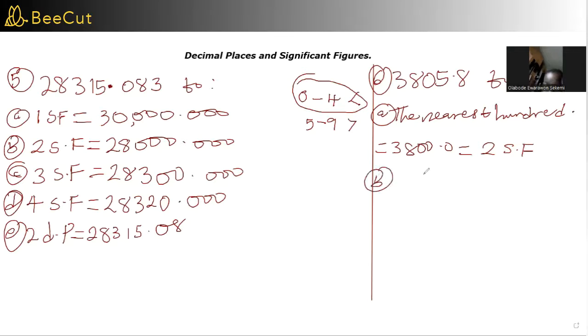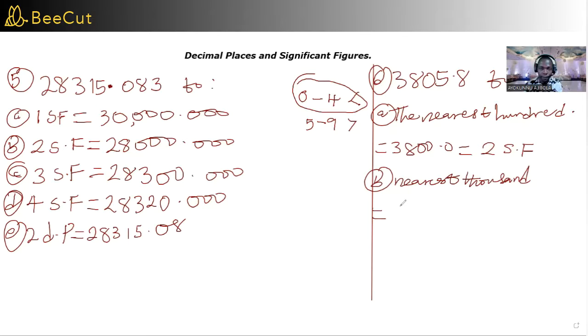So now, let's say you want to round this to the nearest 1,000. Who can tell me what the answer should be? Yes, you can tell me.